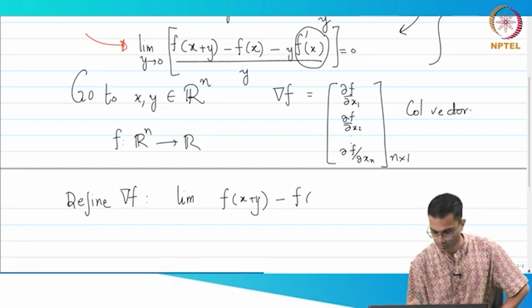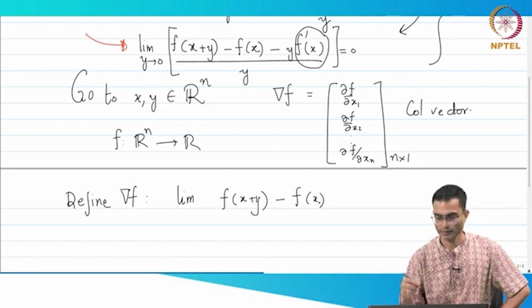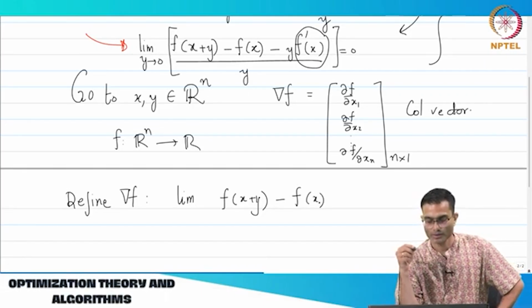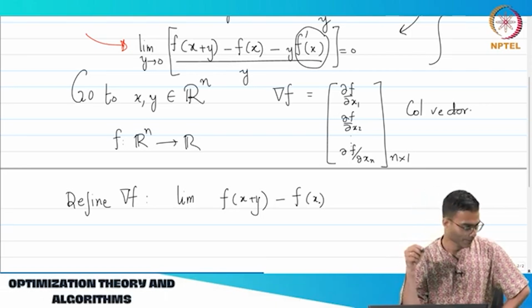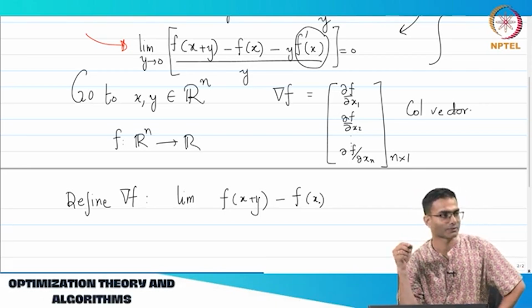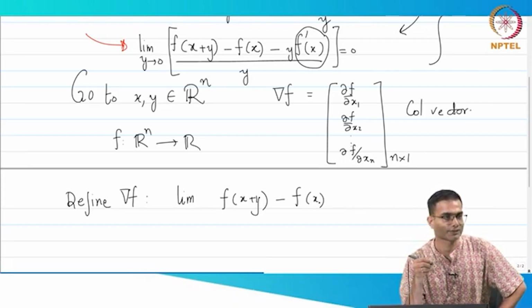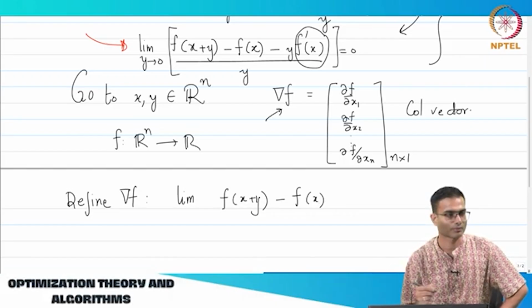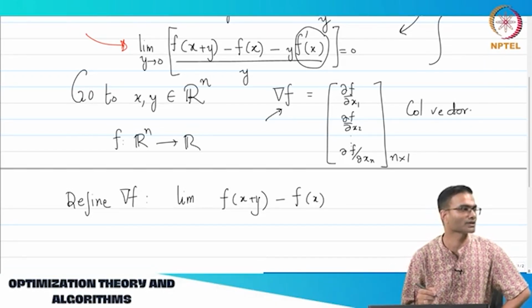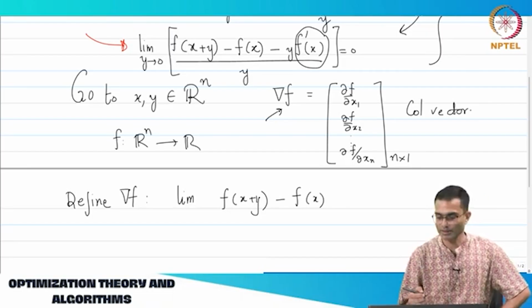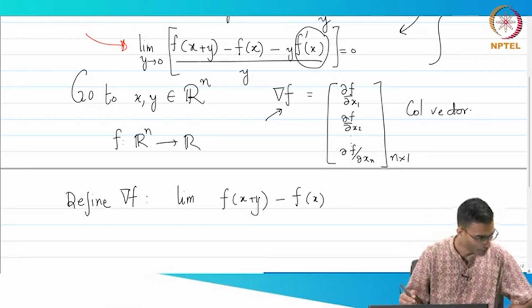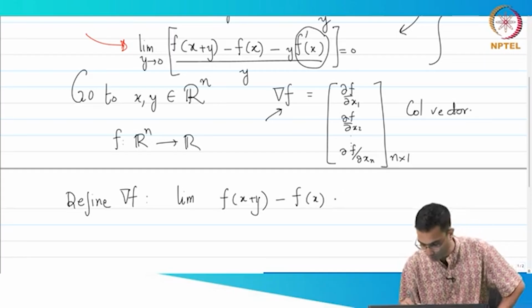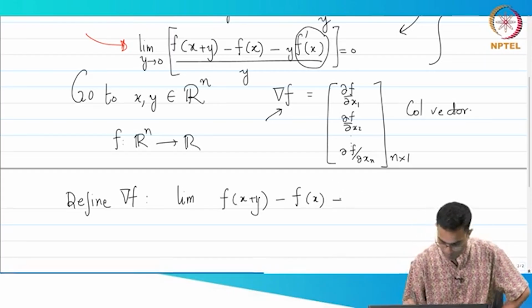So far so good. Now this f dash x, what do I write for f dash x? I have given you the definition. I'm going to replace it by this guy, grad f. Grad f is the new guy who is going to be the replacement for f dash x, so I am going to write it over here.